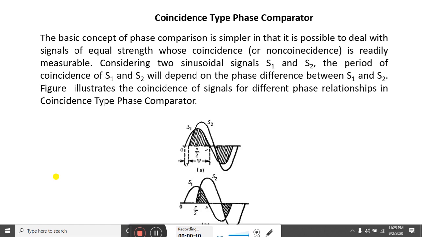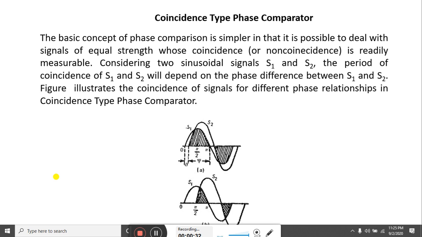Dear students, in this lecture we are going to study another type of phase comparators, that is called the coincidence type phase comparator, and the second one is the integrating phase comparator.